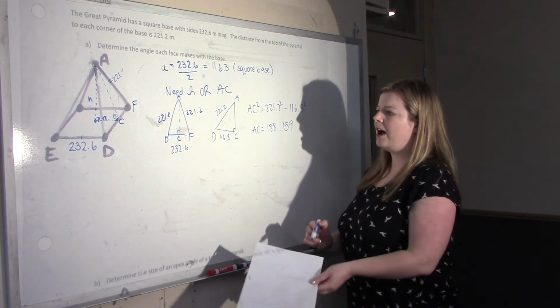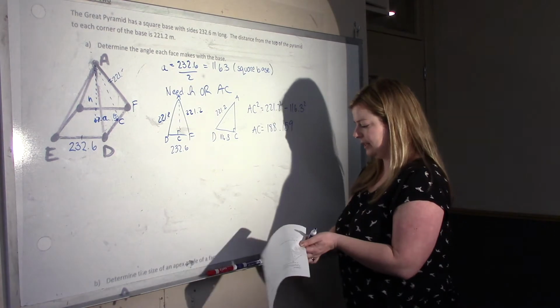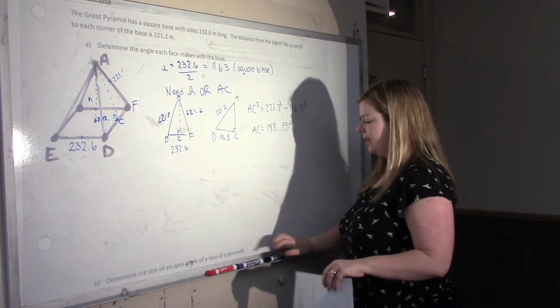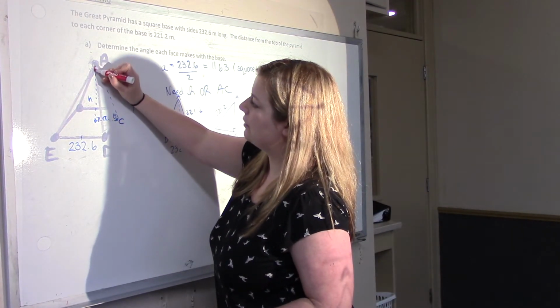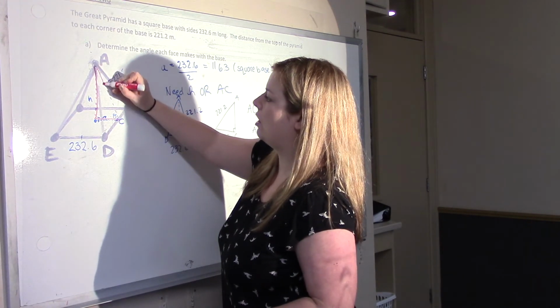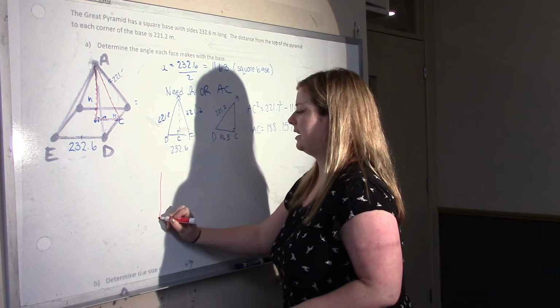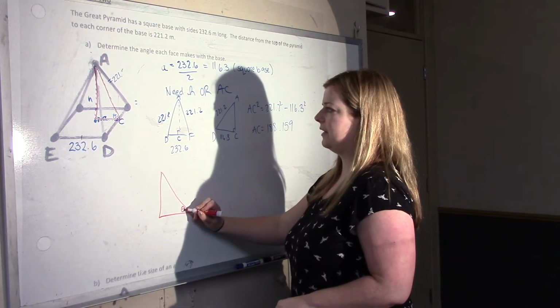Okay, so now if I go back to this triangle, this triangle again goes from the top of the pyramid straight down to the center, across to the side, and then along the face. Now if I draw that separately, it often helps to draw it separately, this is the angle I'm trying to find.